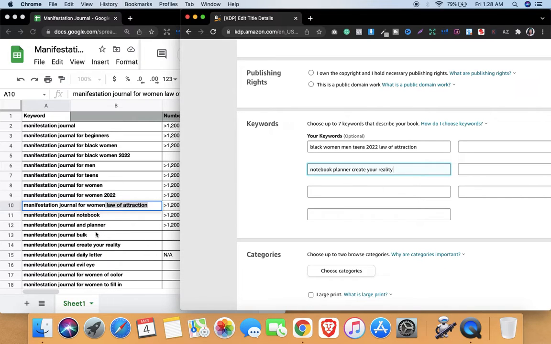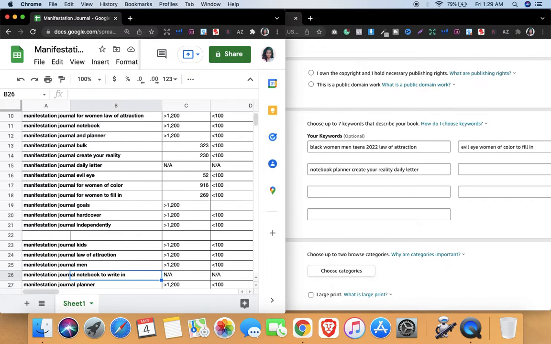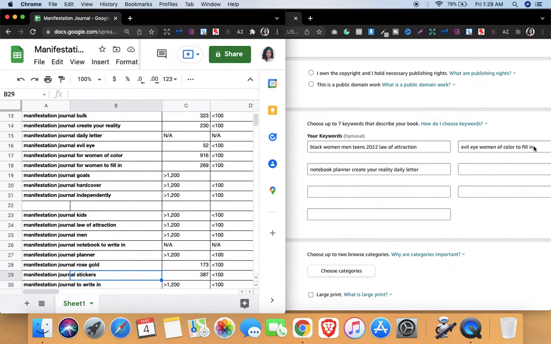Again notebook, planner, daily letter, evil eye. I will put evil eye. Then woman of color, so I can write woman of color. What's next? Goals, so you can put goals.